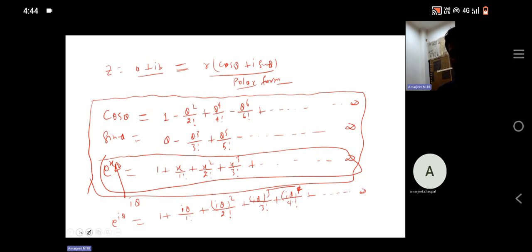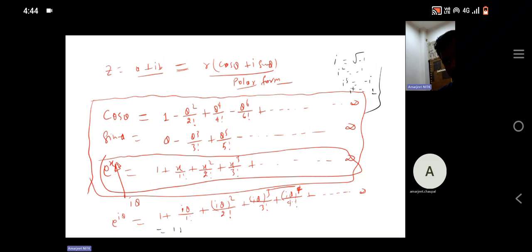And what is the value of i? You already know the value of iota is root of minus 1. So iota square is equal to minus 1. Similarly, you will get iota cube is equal to minus iota, iota 4 is equal to 1, like this.